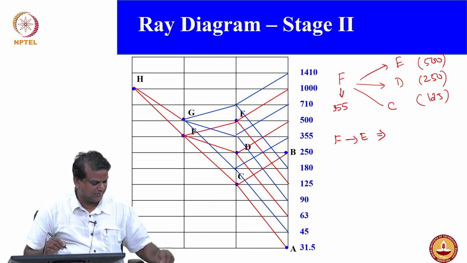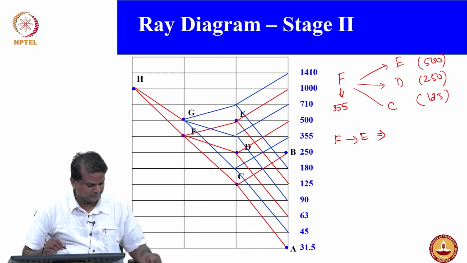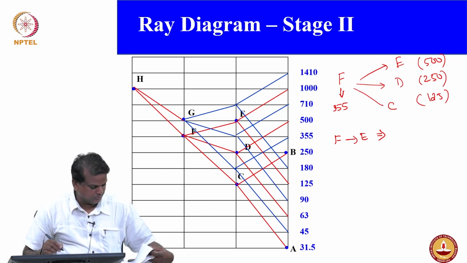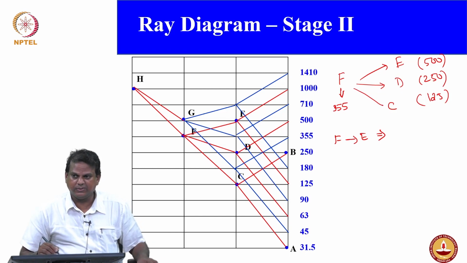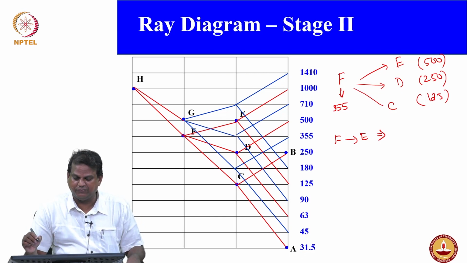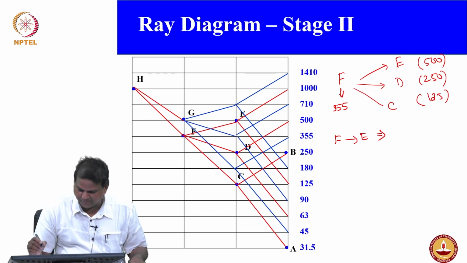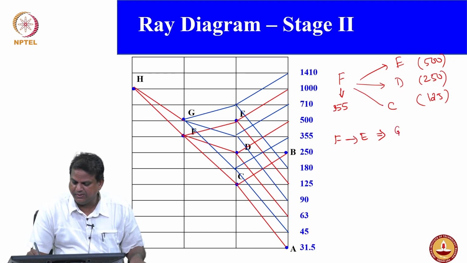So in stage number 2, you have to look at your ray diagram also, right? So tell me, which gears are meshing for F to E? G7 to G8.